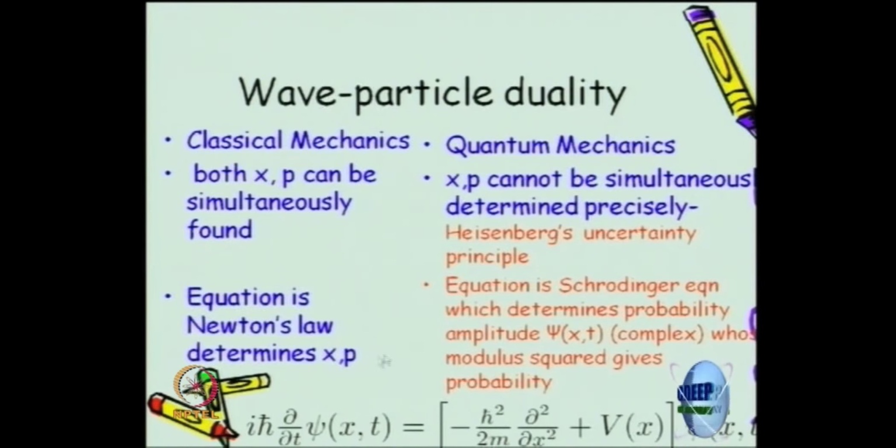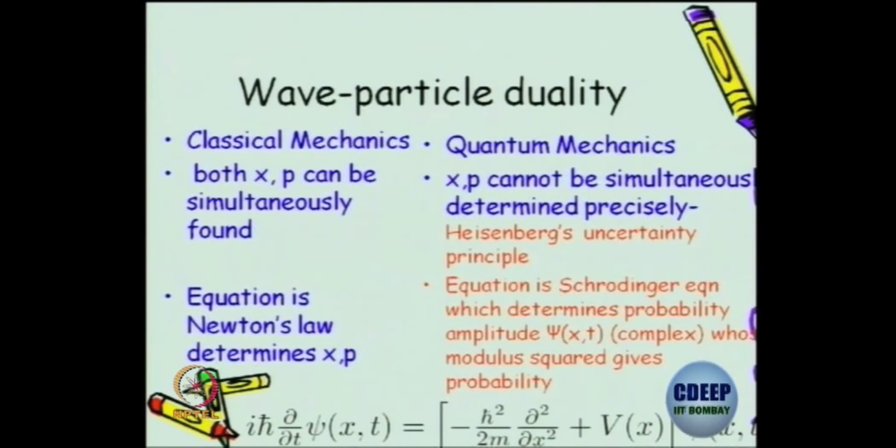So the familiar Schrodinger equation: the left hand side I have written is the partial derivative with respect to time, and the right hand side I have written the energy operator, or Hamiltonian we call it, which can be rewritten as the double derivative of the position.